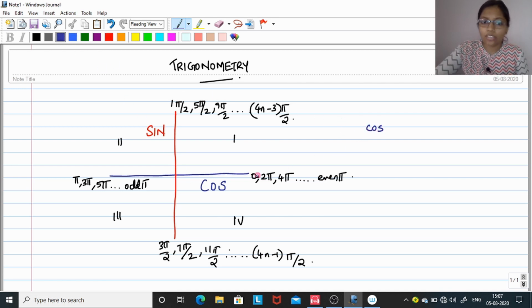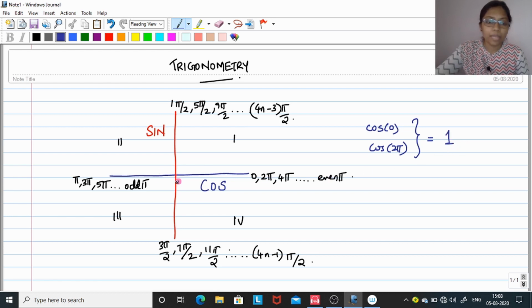See, cos 0 and cos 2 pi and cos 4 pi, etc. These 0 and 2 pi, everything comes under the right side of the blue line. So let me write that as cos 0 and cos 2 pi, everything will be positive 1.